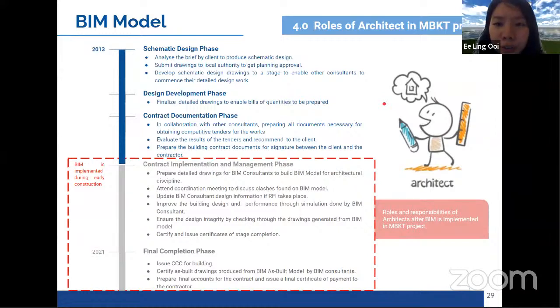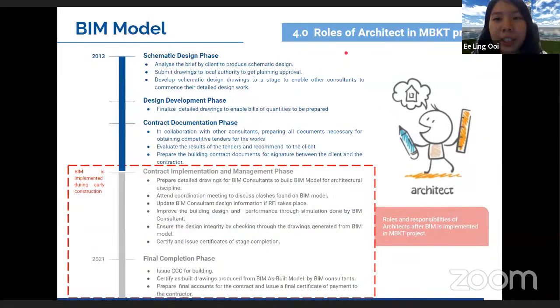So we continue on the roles of the architect in the MBKT project. As mentioned by Tang, the BIM is implemented during the early construction phase, so it will fall under the contract implementation and management phase, while the early stages will be conducted in the traditional way.